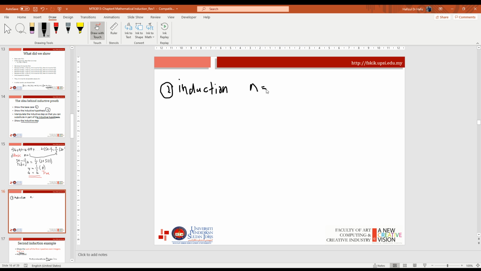And equivalent to k. Show true for n equivalent to k plus 1. Okay, this one is the induction step.